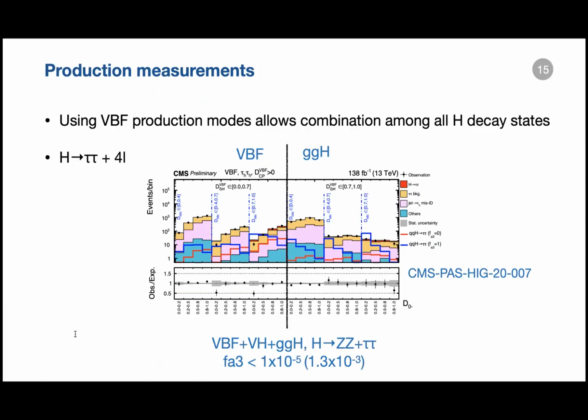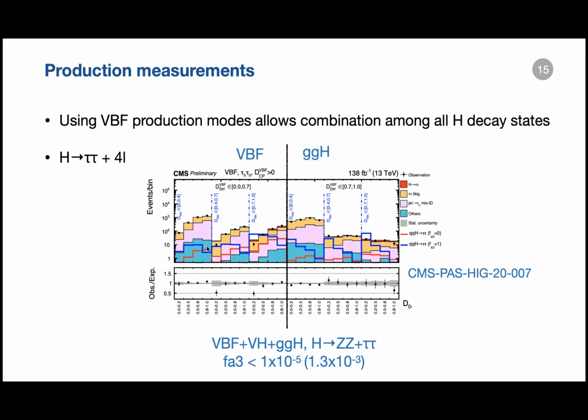So this gives you the benefit that you could really combine all the Higgs decay final states together and get a very good sensitivity. So CMS did this analysis where Higgs decay to tau and 4 lepton are combined together. And in the tau analysis, they also try to design categories sensitive to VBF and ggH separately, and you can see their categorization here. And in each category, they design observables that are sensitive to CP odd and CP even, which is shown in each block here.